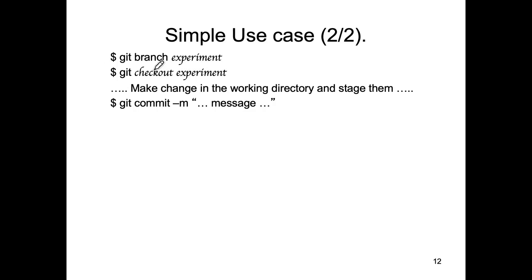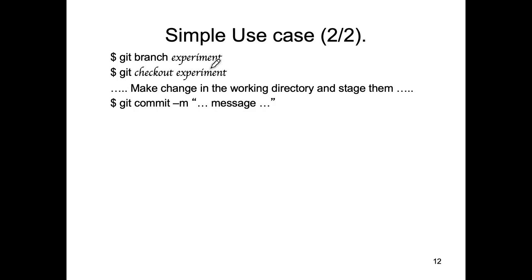And aligning the working directory to a different branch means that when we do a git commit we're now going to be committing to the new branch that we've aligned with. So git checkout experiment switches my focus away from whatever the current branch is, let's assume it's the master, and switches our focus onto this new branch.